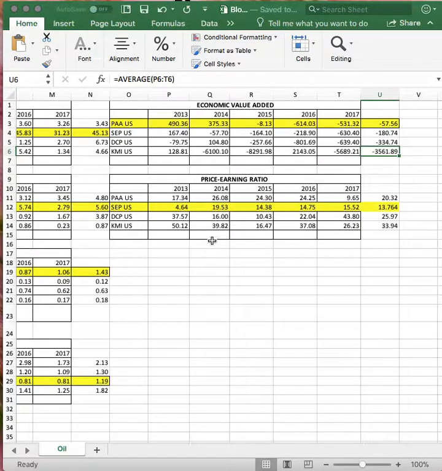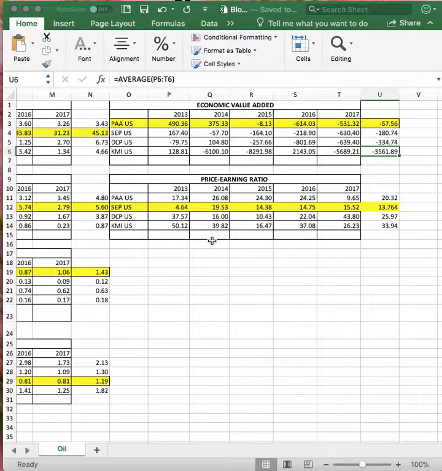Next is the PE ratio. The PE ratio can be found by price per share divided by earnings per share. This ratio is good for valuing a company that measures its current share price relative to its earnings.